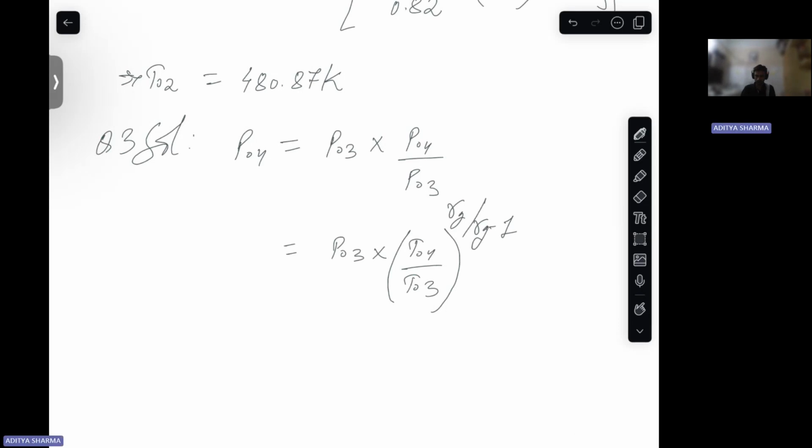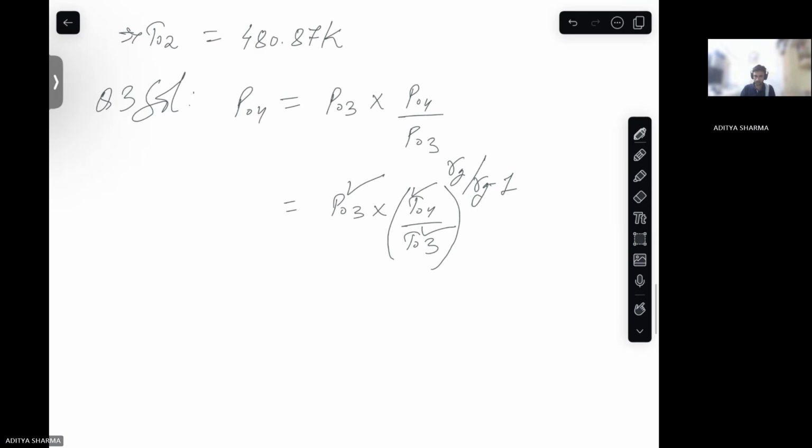Okay. Please note that here the ratio of specific heats has been given for gas and not air. Now here we need to find out P04. Okay. P03 is given in the question, that is 1100 Kelvin. P03 also we need to find out.